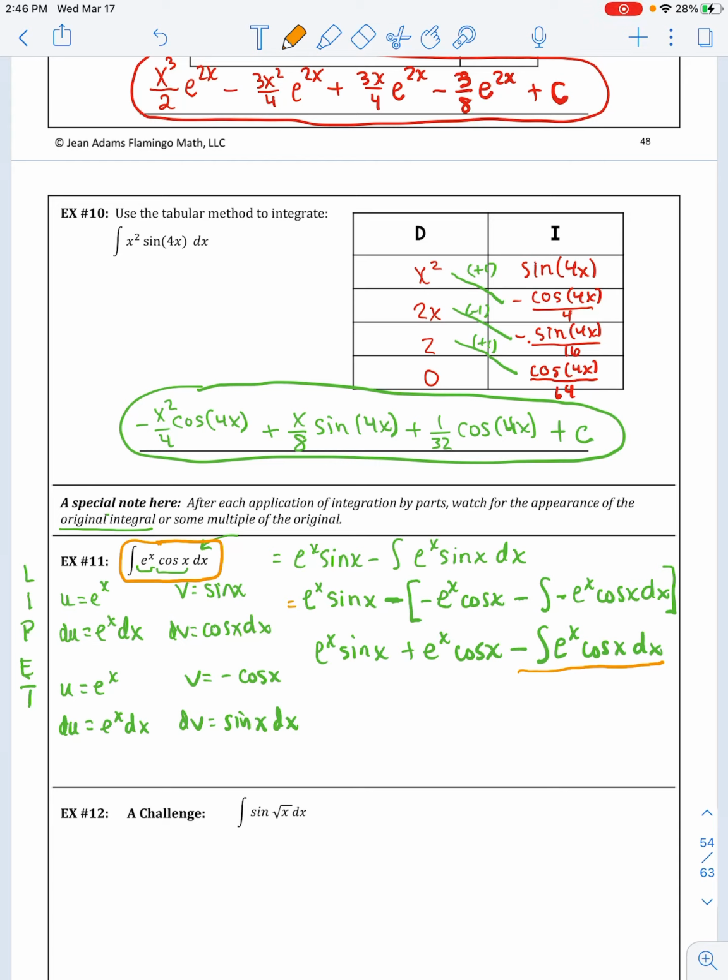Because if we kept going here, even though we kind of made our little box for our integration by parts here, this is actually what it's equal to. So look, integral e to the x cosine x dx is equal to this. Well, now look, I could actually add this to both sides.